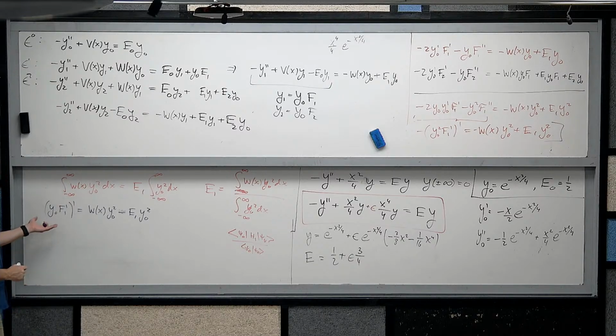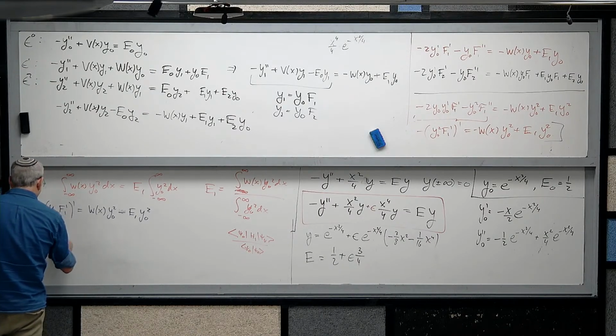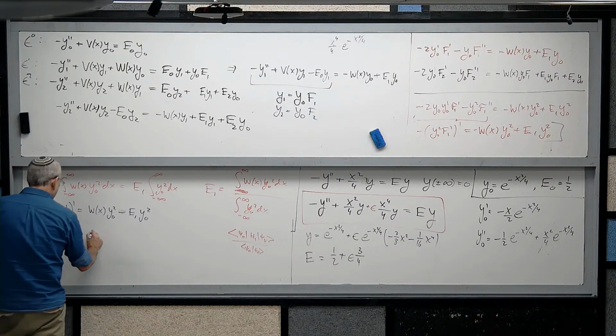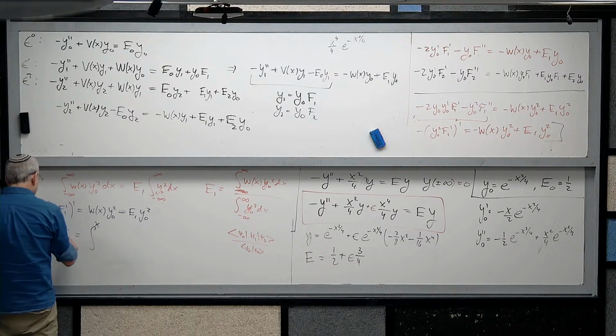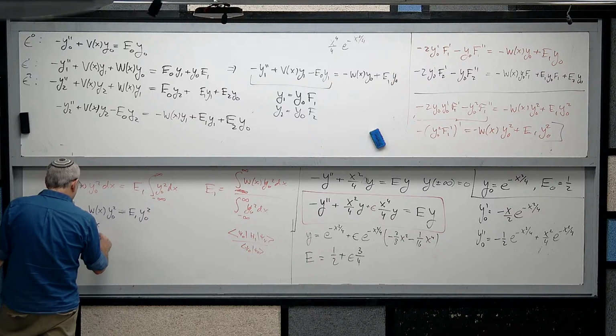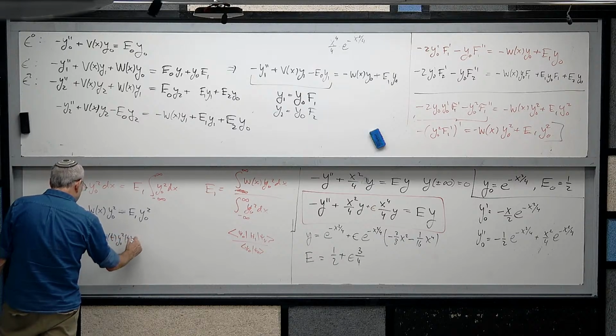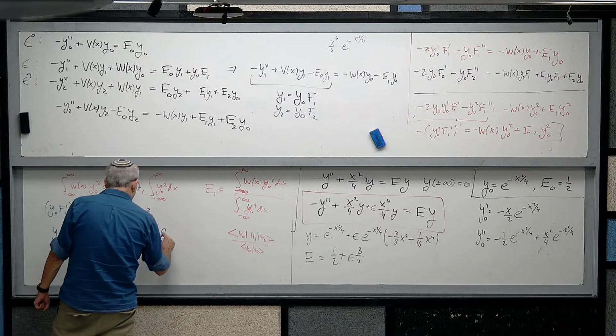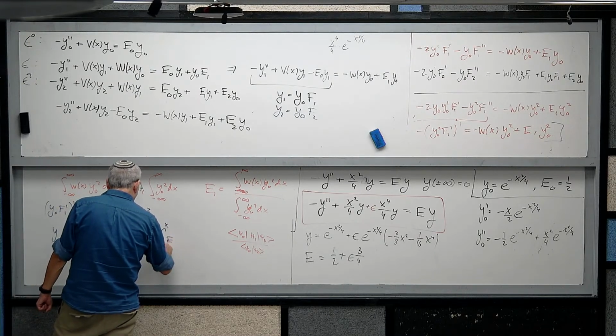So I have two integrations. The first integration will give me y naught f1 prime as an integral up to x of w of t y naught squared of t dt, minus the integral up to x of e1, which is outside because it's a constant, y naught squared of t dt.